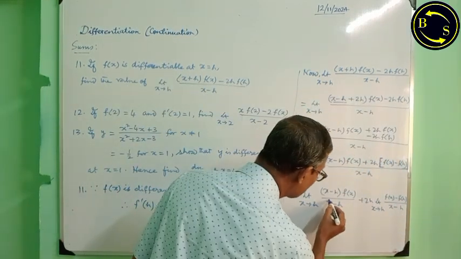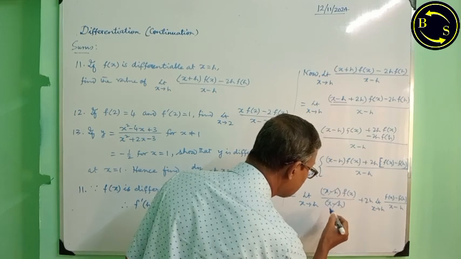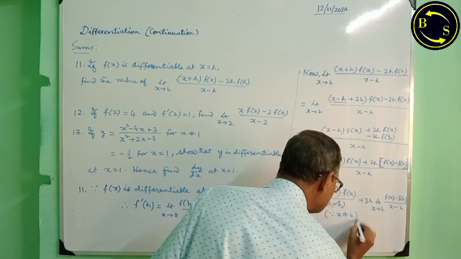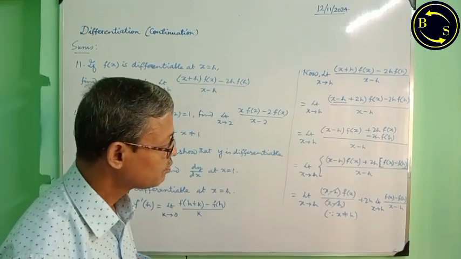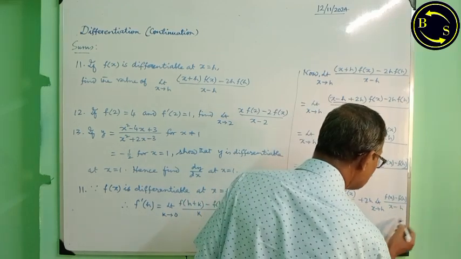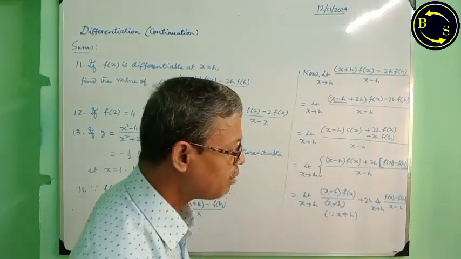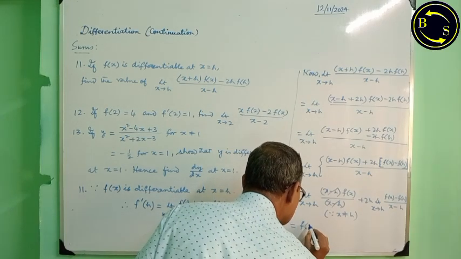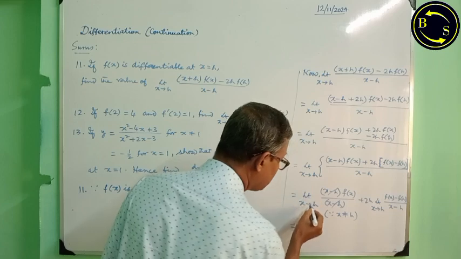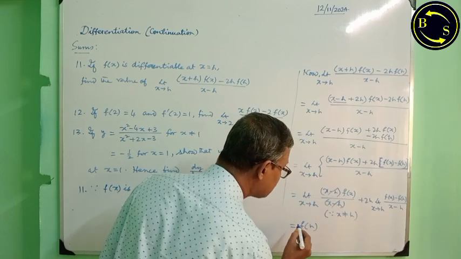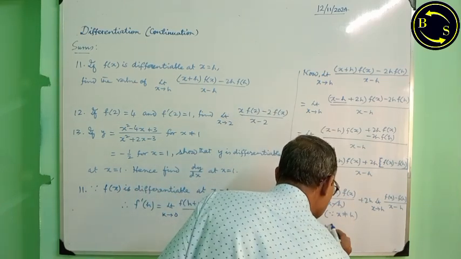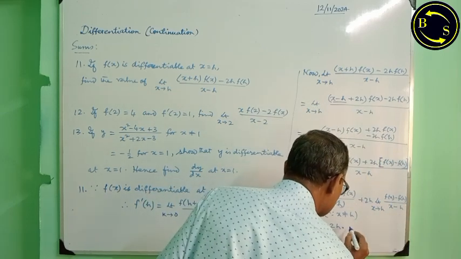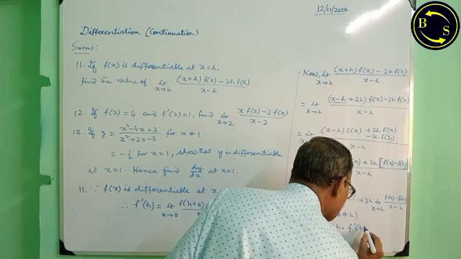Now for this part, these two can be cancelled since x is not equal to h, and this is the definition of f dash h. Therefore this is f(h) limit x tends to h f(x), that is f(h) plus 2h into, this is f dash h as per definition, f dash h.